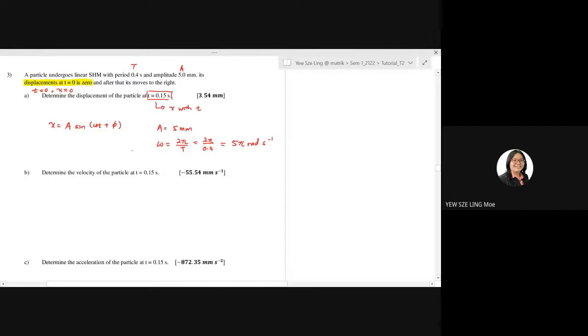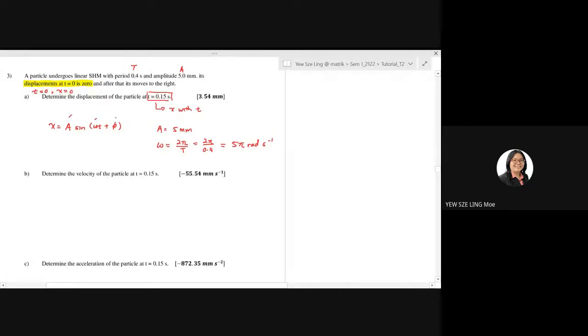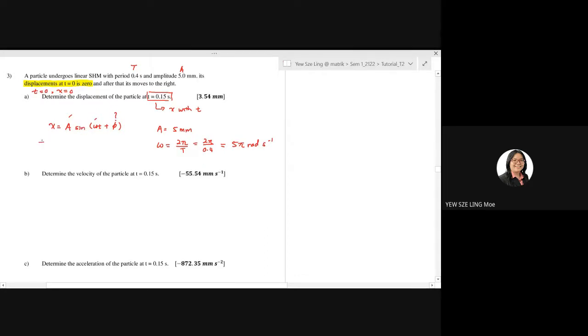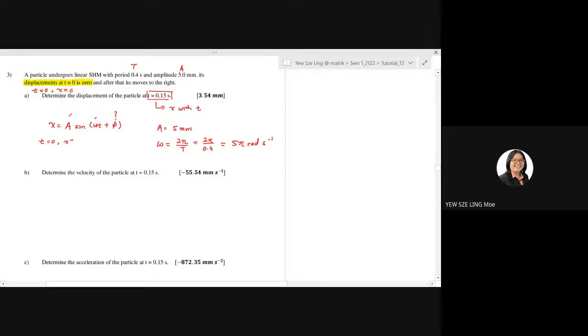But again, if you look at the equation, we have A, we have omega, but how about the initial phase angle? We don't have the initial phase angle, right? But what we do know is at time t equals 0, x is equal to 0. So we are going to substitute all these values into our equation, t, x, A and omega, to find the value of phi, the initial phase angle.